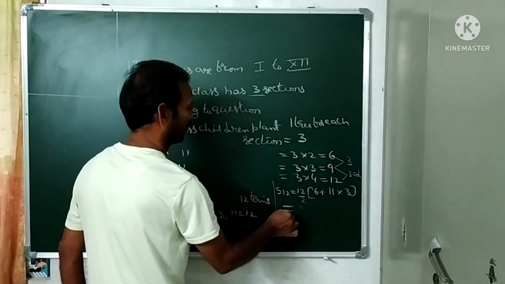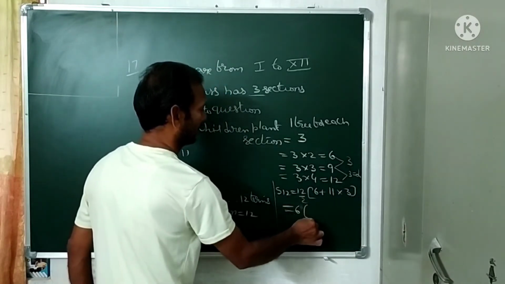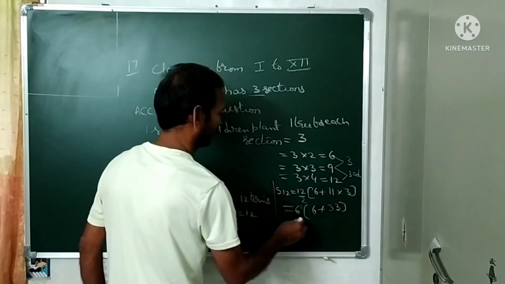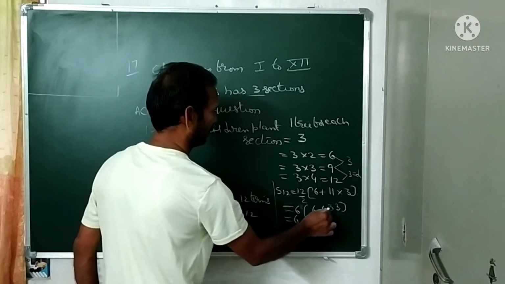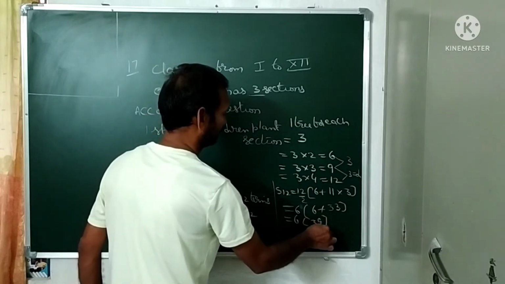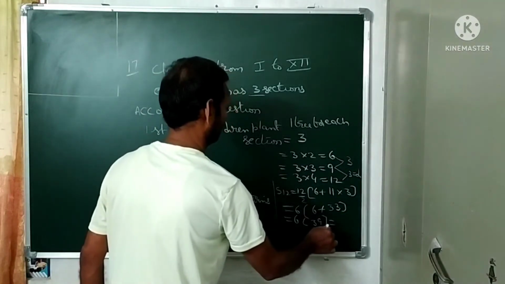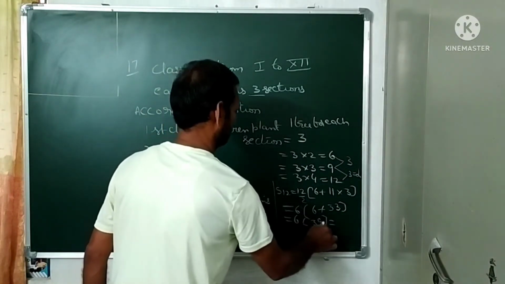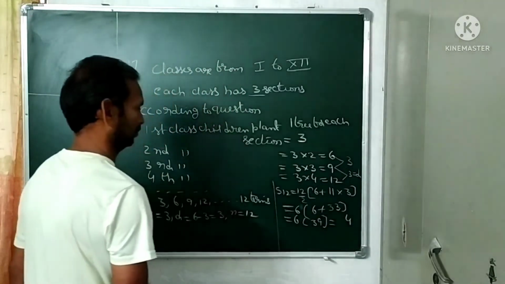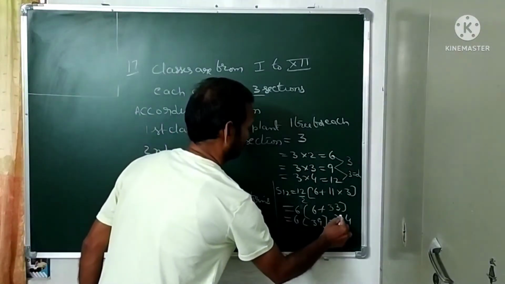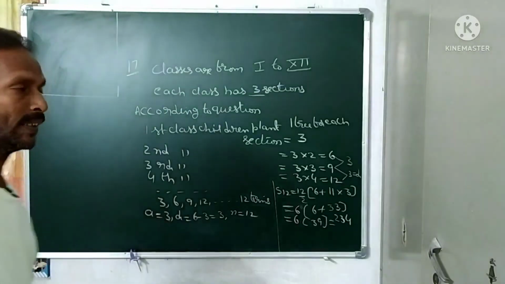So 12 by 2, 6 plus 11 times 3 is 33. So 6 times 39. Same, 234, I am thinking.